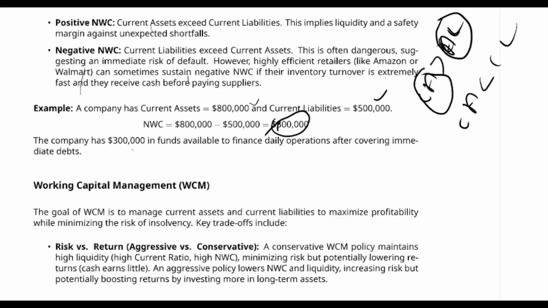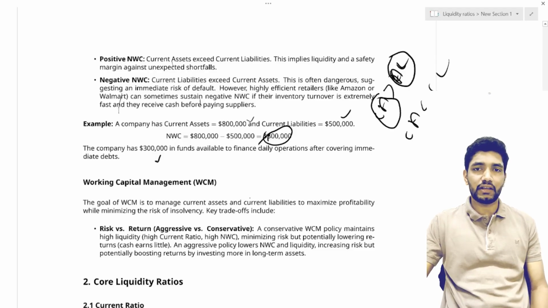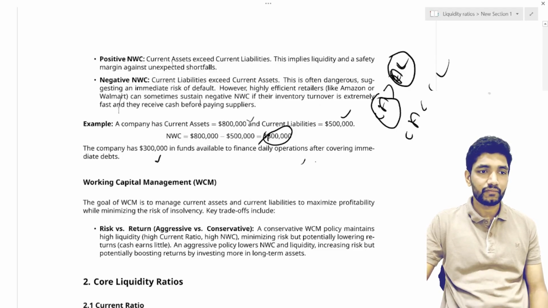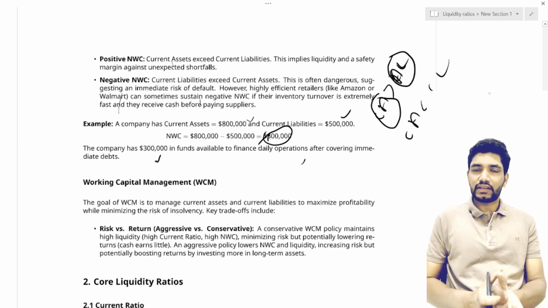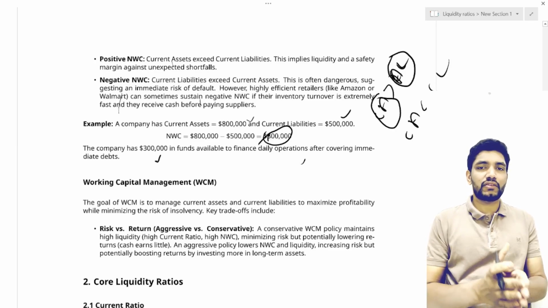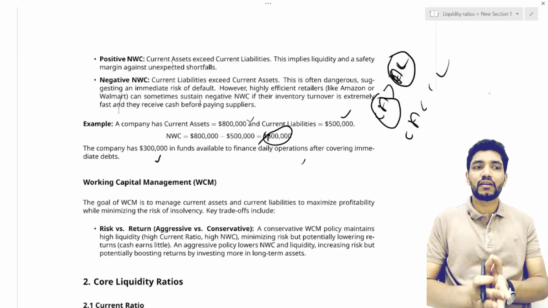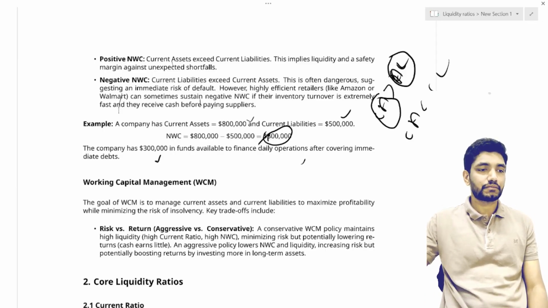This company has a 300,000 fund available as net working capital to finance its daily operations after covering immediate debt. What is immediate debt? That is its current liabilities. So this company has $300,000 of working capital in hand after covering its current liabilities.